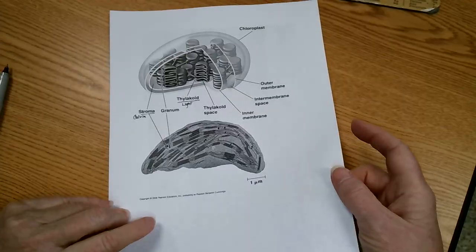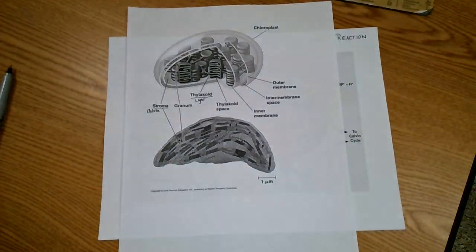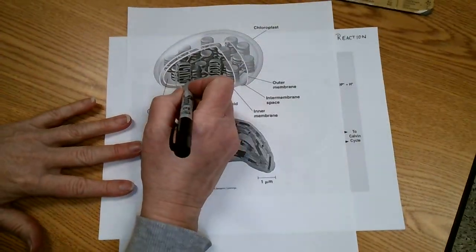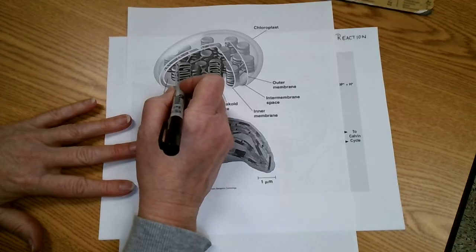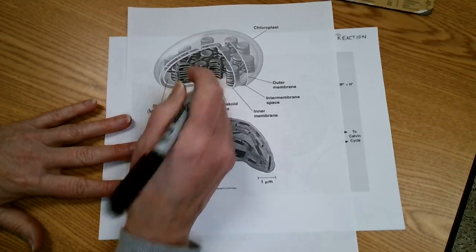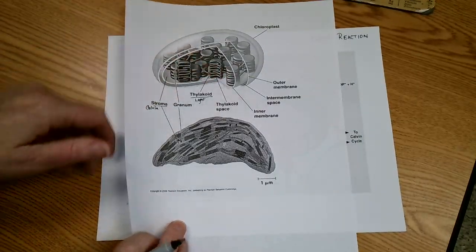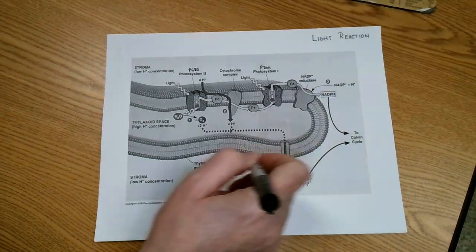So now we're going to dive into the light reaction of photosynthesis. So what are we looking at here? I need you to focus on one thylakoid. We're actually going to look at one little part on that diagram. It can be the top part, it can be the bottom part, but one little thing. And that's what this is right here.